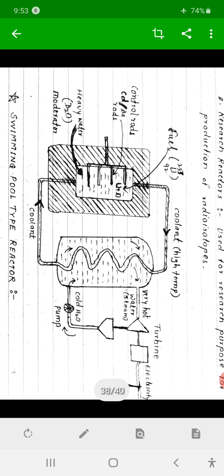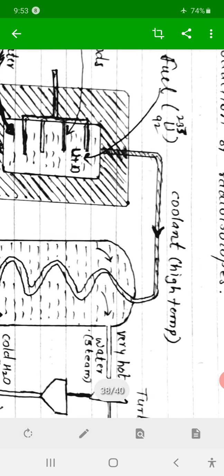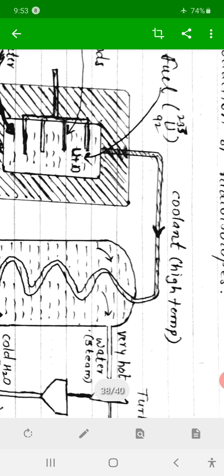It is filled with fuel, that is uranium 233 material, or 235 can be used.